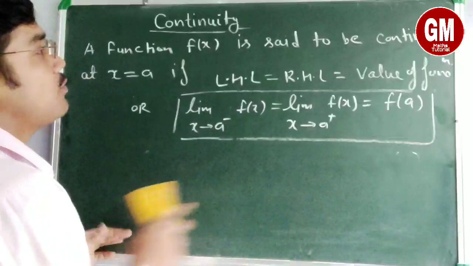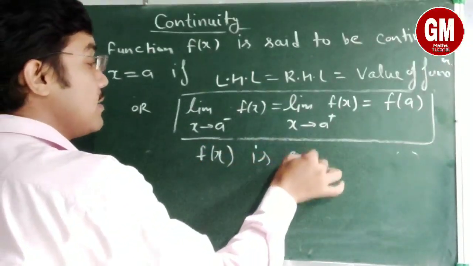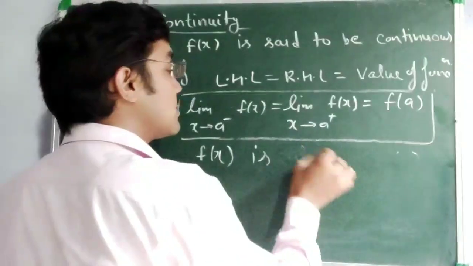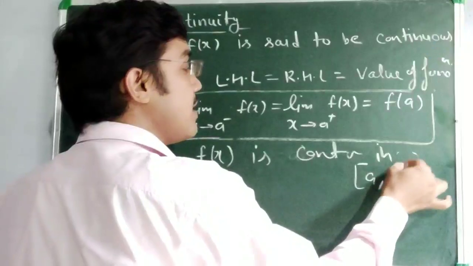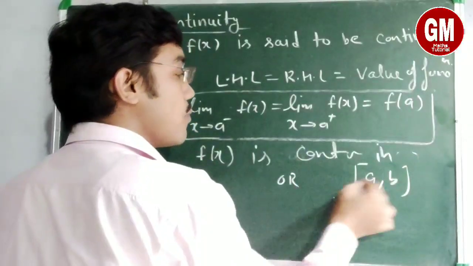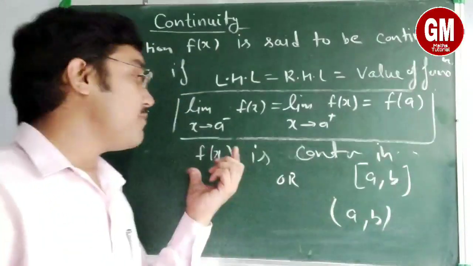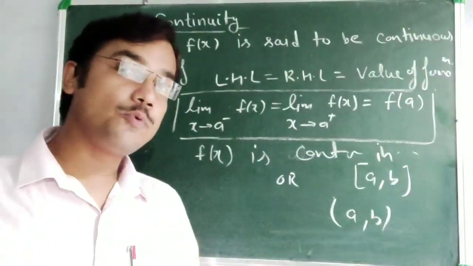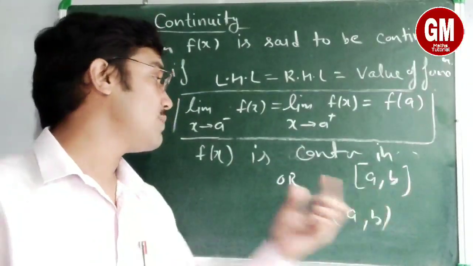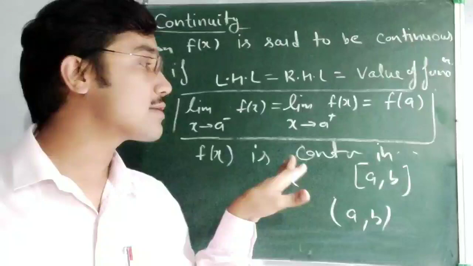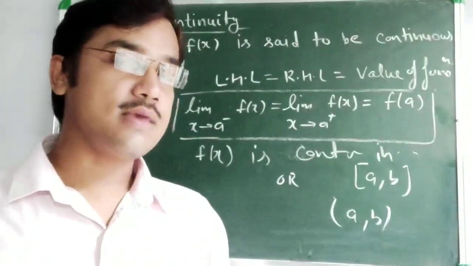If we have to find whether a function f(x) is continuous in an open interval or a closed interval, meaning we have to prove or check it on a given interval, how can we check?